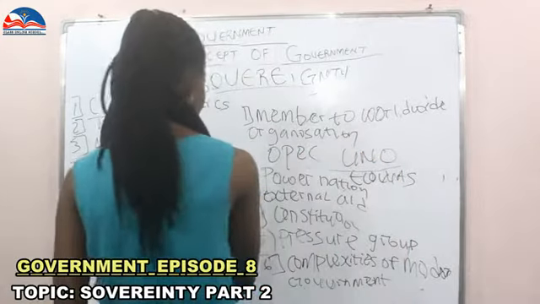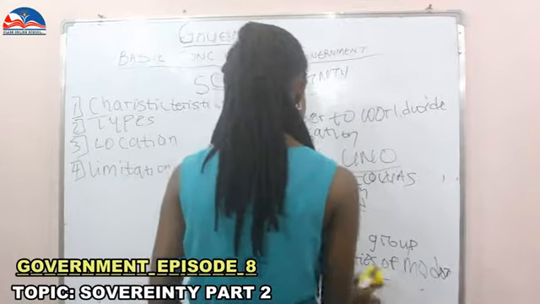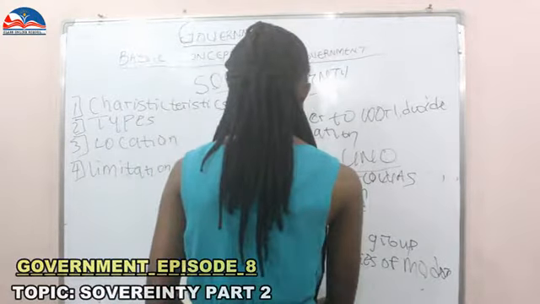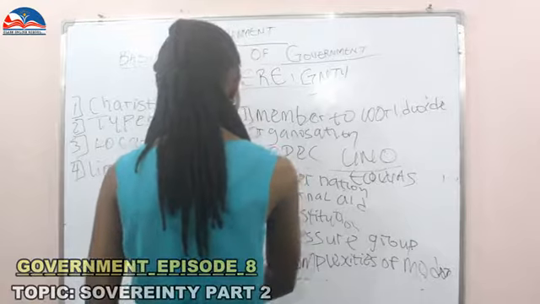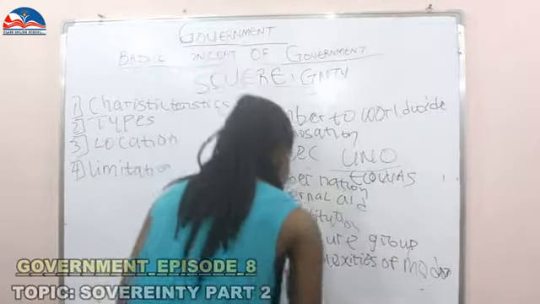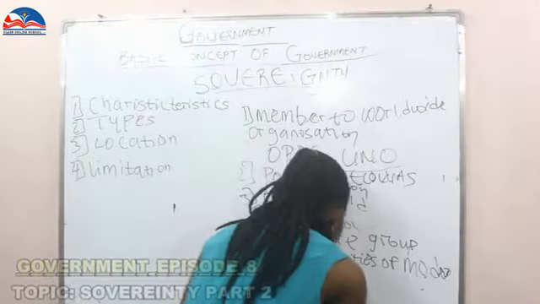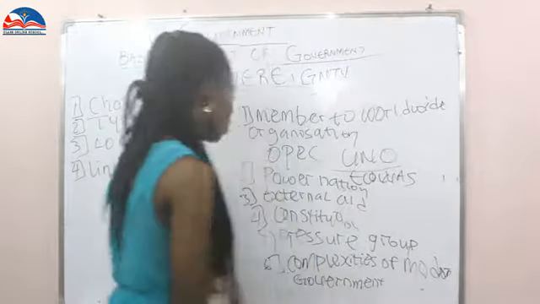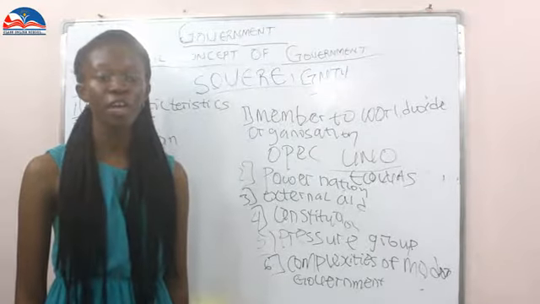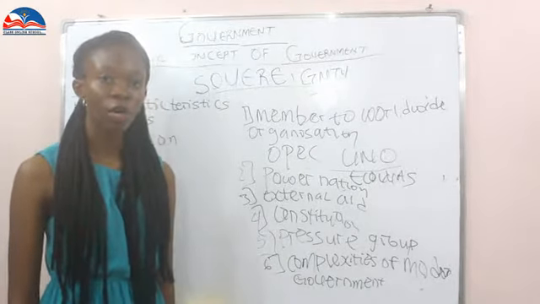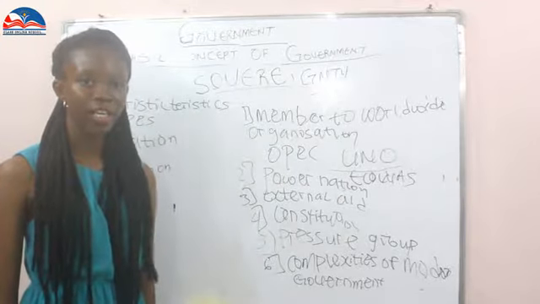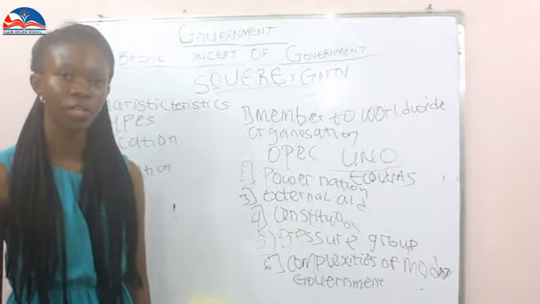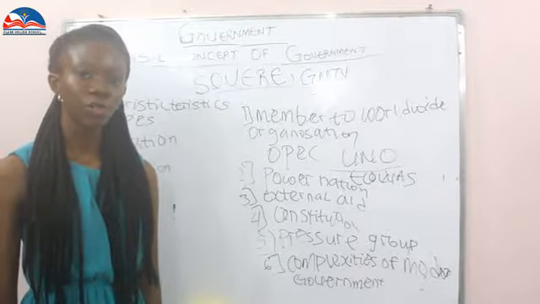With the nature and the complexity of this government, it tends to enforce laws that may reduce the sovereignty of a particular state, because of one of the major problems of this modern complex government, which is delegated authority.